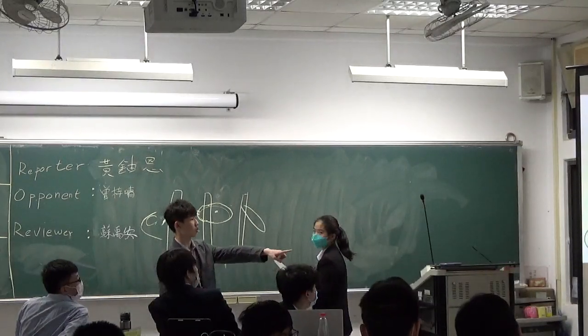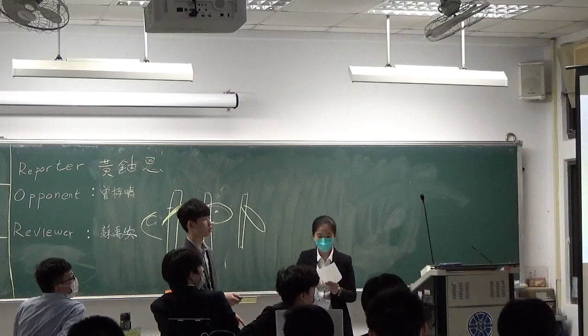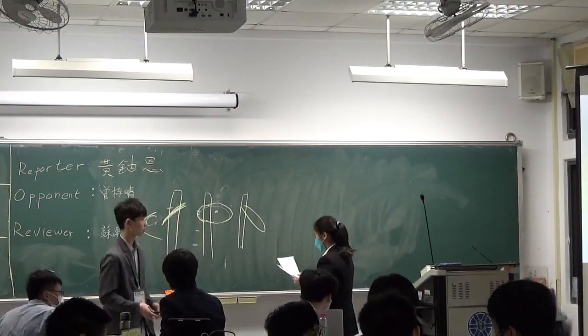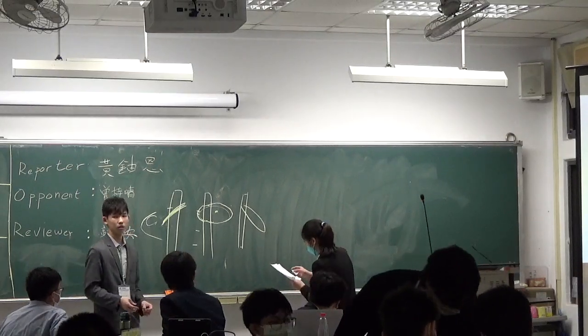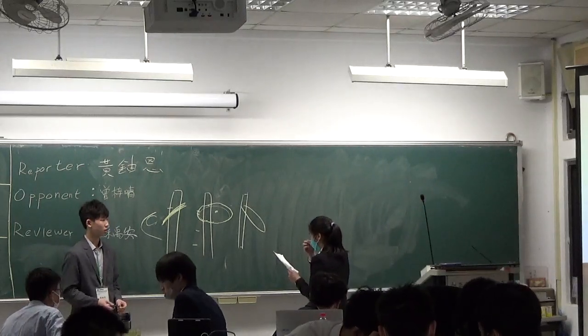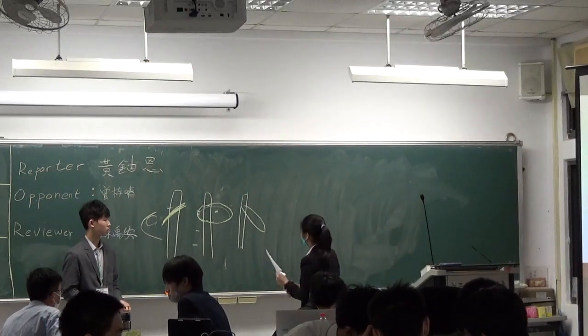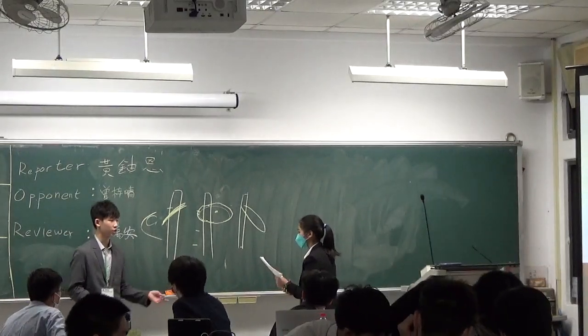So we show it here. And why do you only use the parameter of the rate?